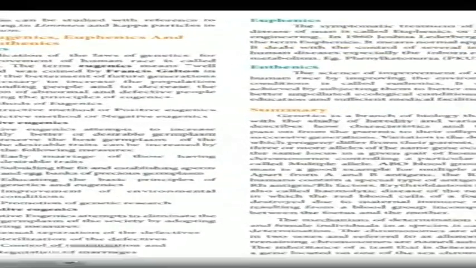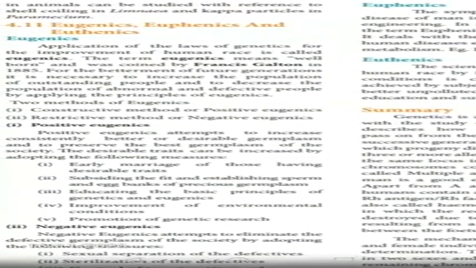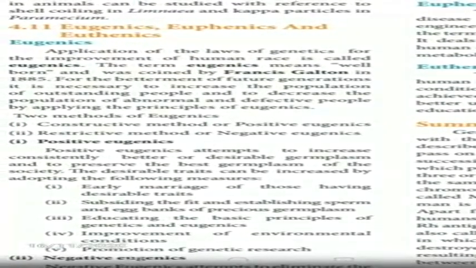Progeny means next generation offspring. But they do not make equal contributions to extra chromosomal genes. Hence the cross can yield different non-Mendelian results. This is because of cytoplasmic inheritance, which in animals can be studied with reference to shell coiling in Limnaea and kappa particles in Paramecium.